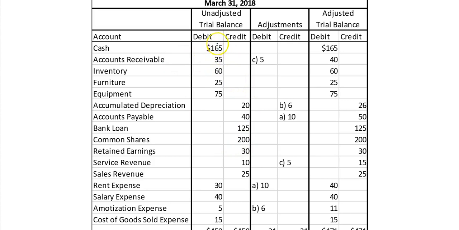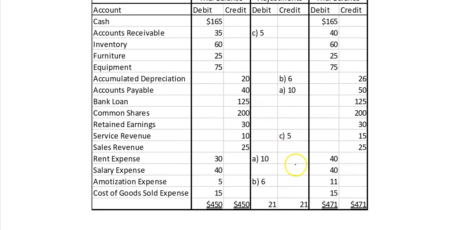So when you look across, cash has no adjustment, so it remains 165 in our third and final column. But accounts receivable has an adjustment. It's a 35 debit unadjusted, and a $5 debit adjustment gives us 40, right? I'm going to scroll down a little bit so you can observe the bottom.